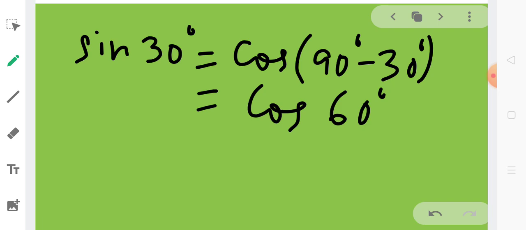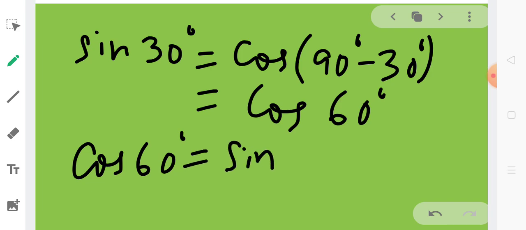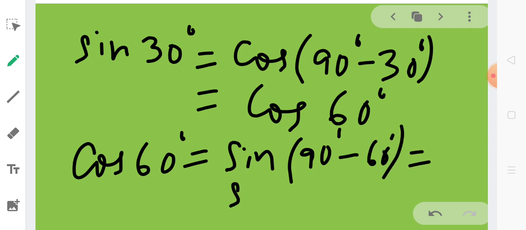So sine 30 degree is equal to cos of 60 degree. Similarly, cos of 60 degree is equal to sine of 90 degree minus 60 degree. So that is equal to sine of 30 degree.